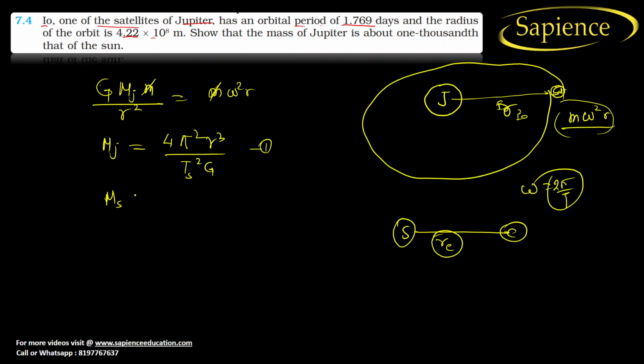Can we put this equation similarly? 4 pi square into R cube means the radius of the earth whole cube, divided by the time period of the earth whole square into G.